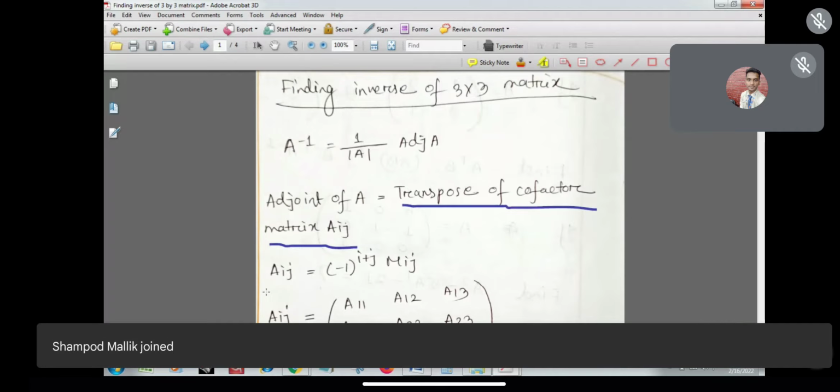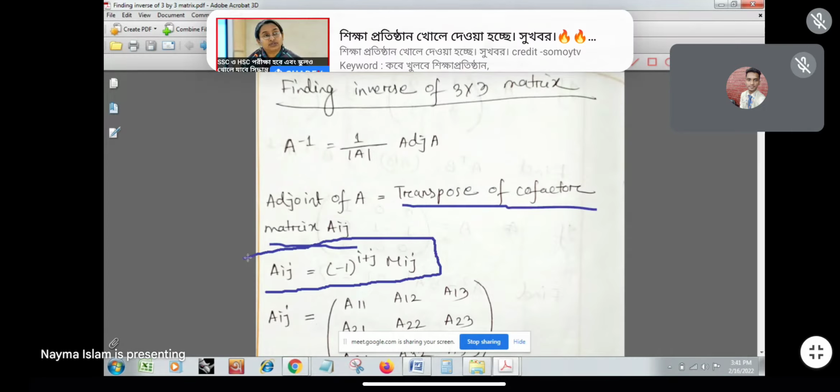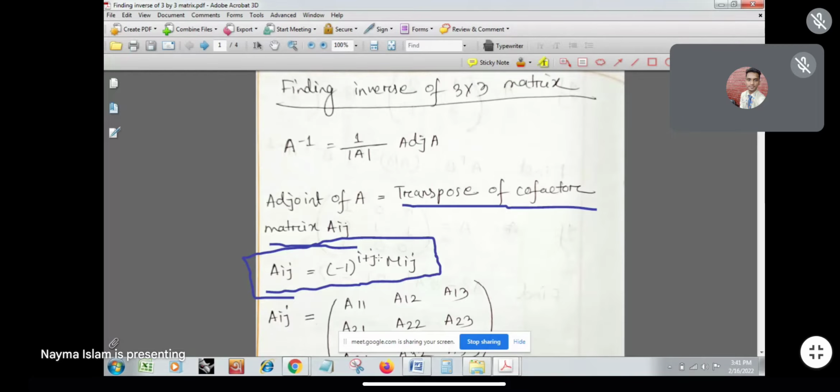And what is the formula for finding Aij? Just try to remember this line. Aij equals minus 1 to the power i plus j, Mij. What is the meaning of this equation? It will be clear.